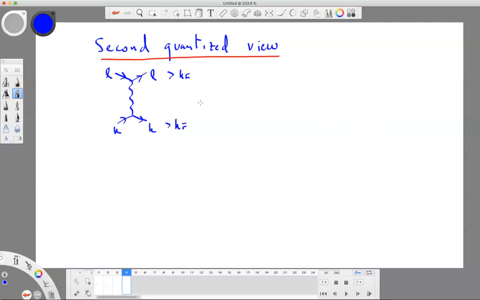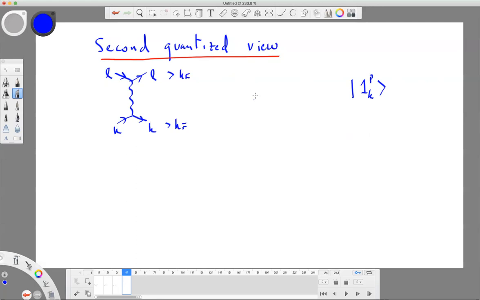Okay, so let's represent what's going on here. We inject a particle in the single particle state K into the system, and it comes into the interaction. So before the interaction happens, I need to have a particle in the state I'm injecting in. So this would be one particle in the state K. That would be the state.